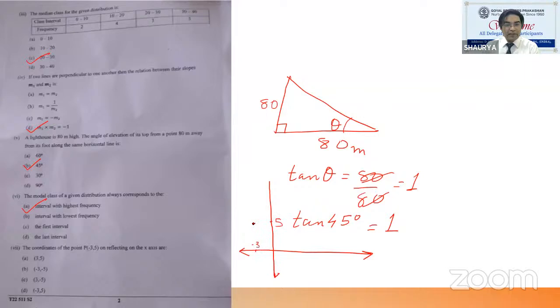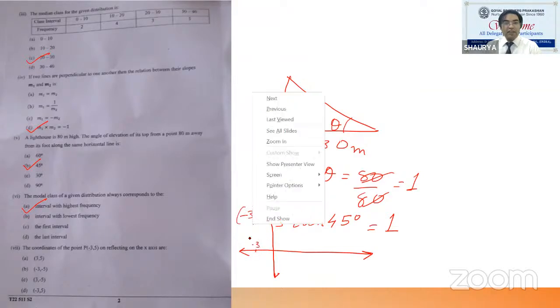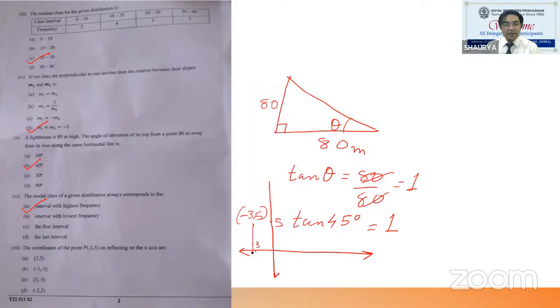So this is the point we are talking about, right? This is -3, 5, this point. Its reflection taken across the x-axis would be this point, right? So you can see it clearly. It would be simply -3, -5. So the option B here is correct.